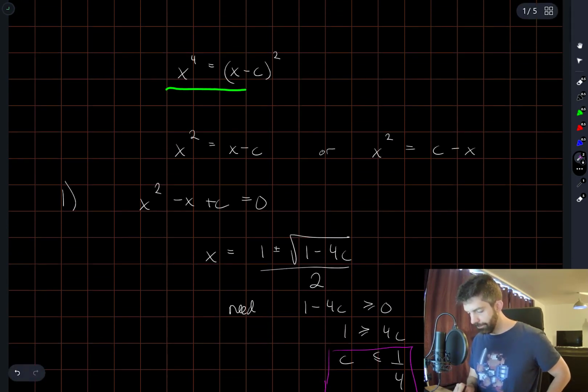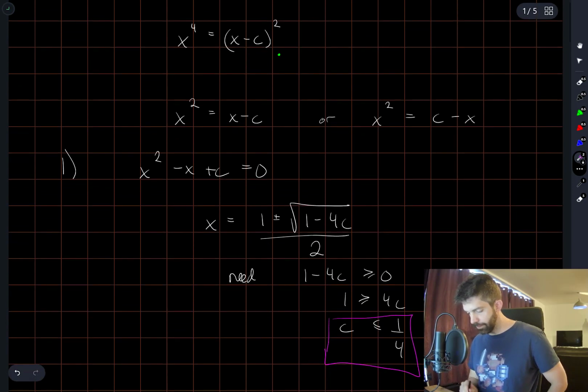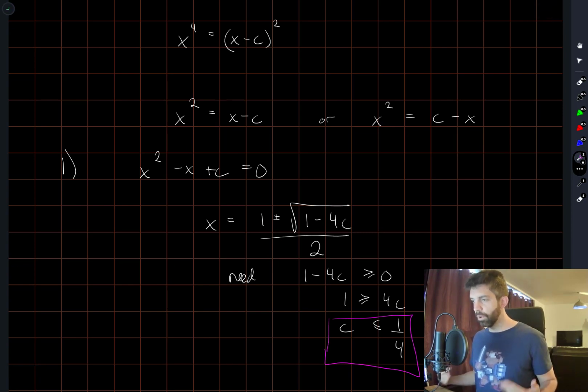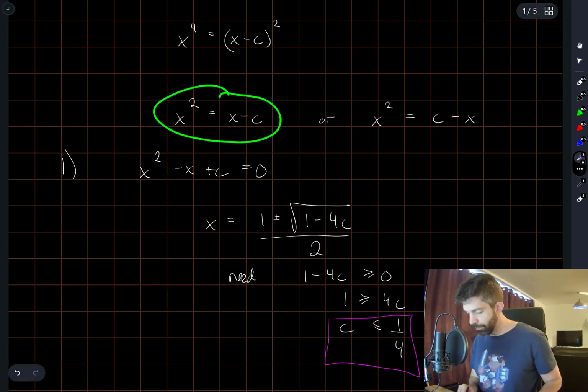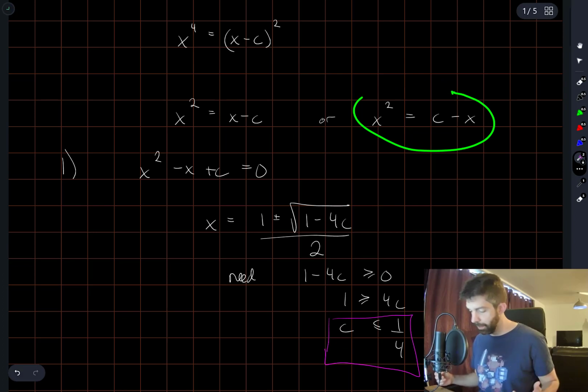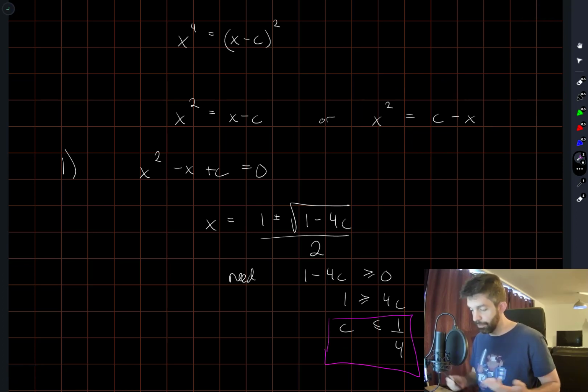Okay, so if I put this all together now, my original equation is equivalent to either this being true or this being true. So in order for my original equation to have 4 real roots, possibly repeated, I need this to have 2 real roots, possibly repeated, and I need this to have 2 real roots, possibly repeated. And I don't even care if the roots of different equations coincide with each other.